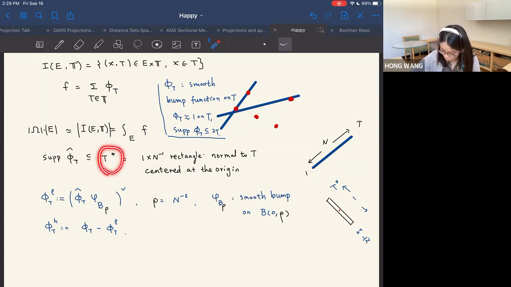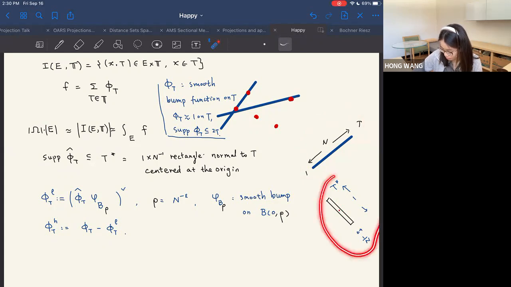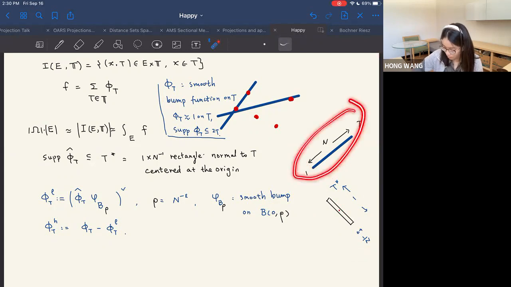Then T star, the dual, is defined as a thin rectangle of length 1 and width 1 over n, centered at the origin, with direction normal to T. So here, the scale of this picture is not quite the same as this picture. If we use this as 1, then our n will become huge. But anyhow, these are the large tubes, and T star is the dual of T.